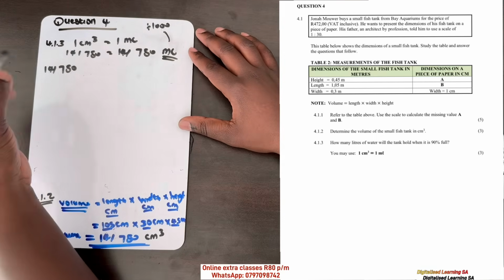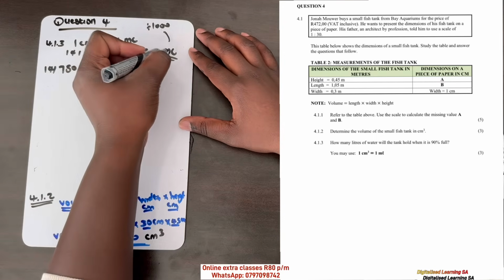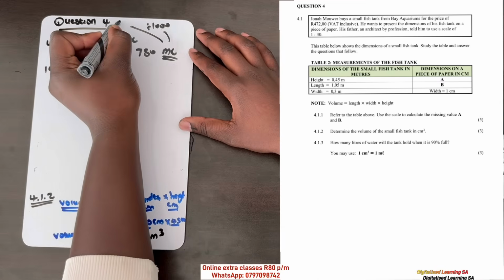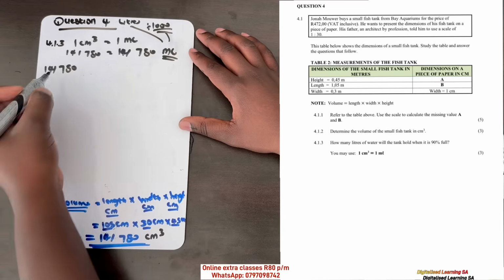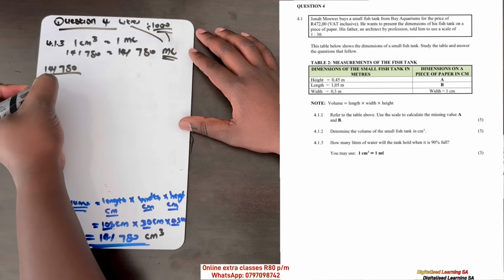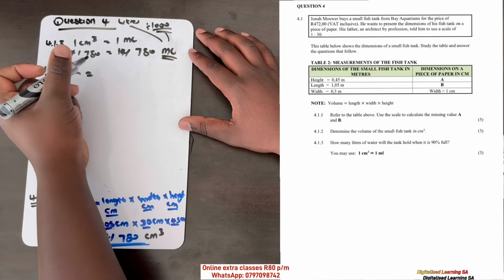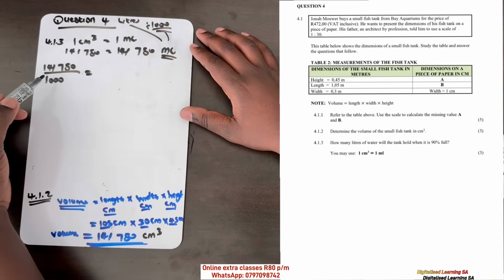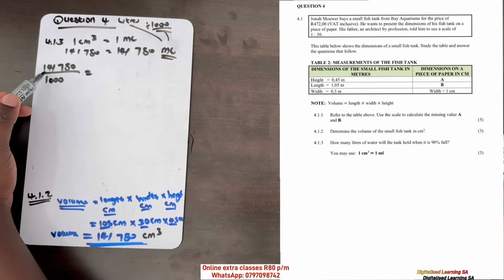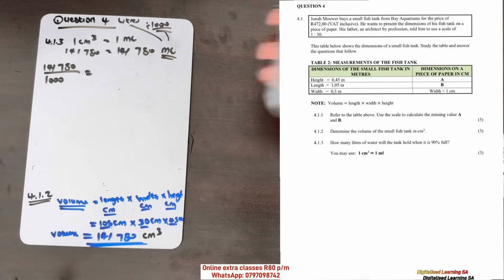So that's what we are going to do here. We are going to convert from milliliters to liters, and we divide by 1000. Remember, we are converting from milliliters to liters, so if we divide, the answer that we get will be in liters.